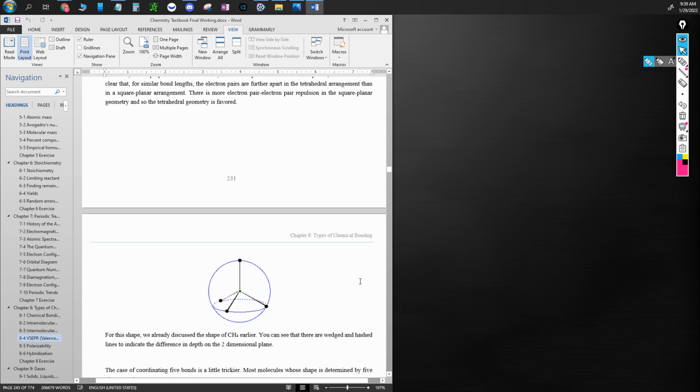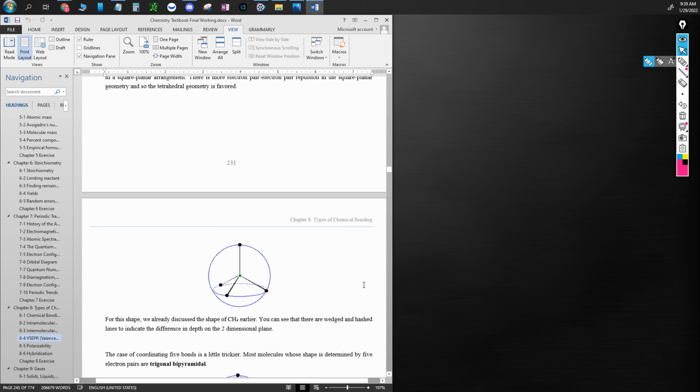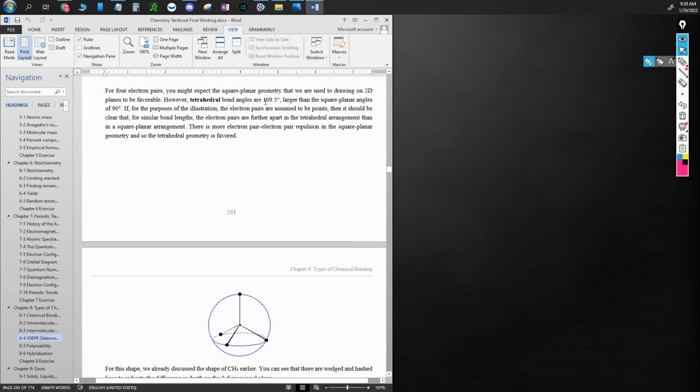And then we went into the tetrahedral. This is where our angles are a little bit off, and it is shown as 109.5 degrees, which is the angle from here to here. Every angle between two sticks, doesn't matter which one you're talking about, is going to be 109.5 in a tetrahedral.